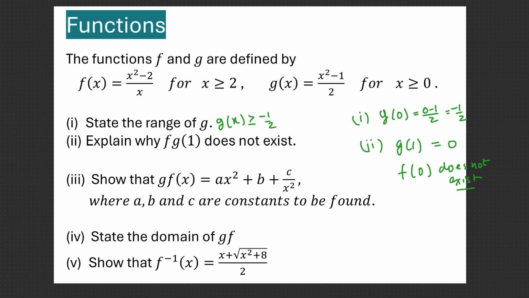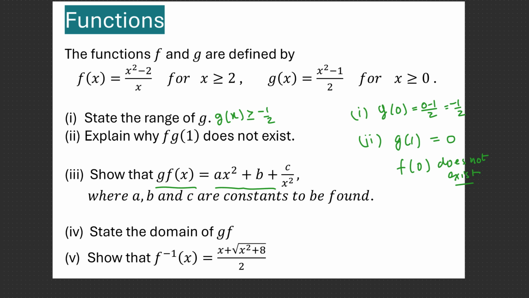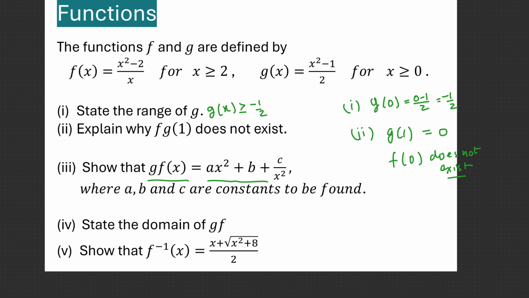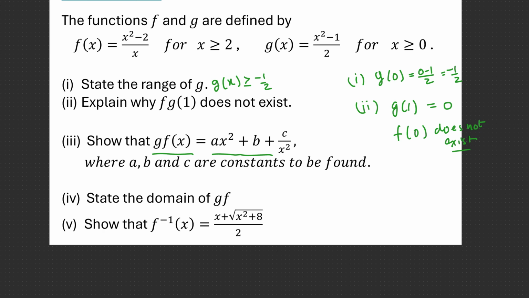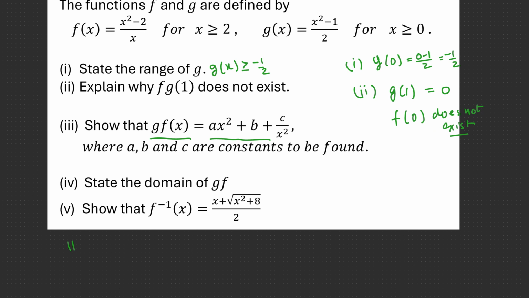So that's the answer. The next is part 3, we need to show that g of f(x) is equal to ax squared plus b plus c over x squared. So here, what is f(x)? For question 3, I can write g of f(x) is equal to g of (x squared minus 2) over x.